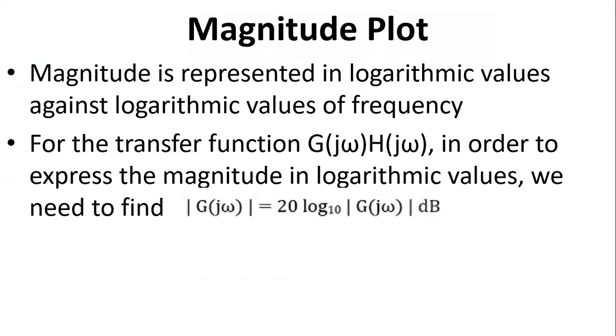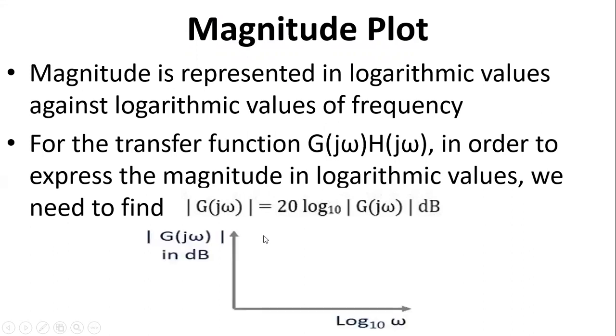For the transfer function G(j omega), in order to express the magnitude in logarithmic values, we need to find the modulus of G(j omega), which is equal to 20 log base 10 of |G(j omega)| in decibels. This magnitude in decibels is plotted against log omega base 10, as represented here.